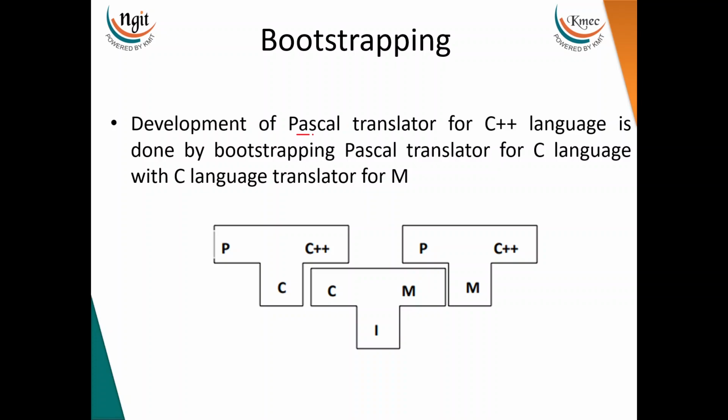So our new language is the Pascal translator for C++, and we are writing it using an already developed Pascal translator for C. We are writing the code in Pascal only, but that was meant for C. Once this is developed, we execute that code, the Pascal translator for C++, on another machine called M. Once it is executed on the machine, it is going to generate the target code.